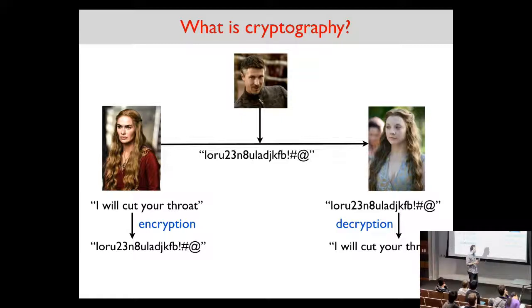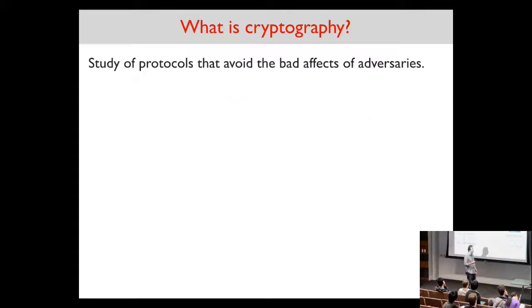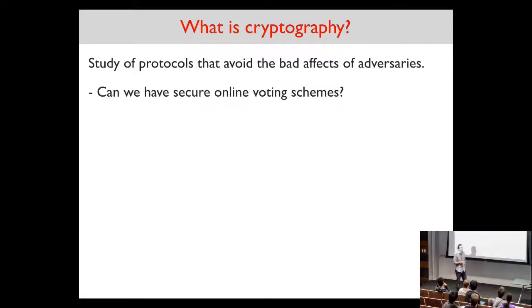Now, this is a very basic scenario in cryptography, and definitely cryptography studies this situation, but actually cryptography is much more than this. In general, you could say it's the study of protocols that avoid the bad effects of adversaries, whatever those bad effects might be. And you can study some very interesting questions in cryptography.